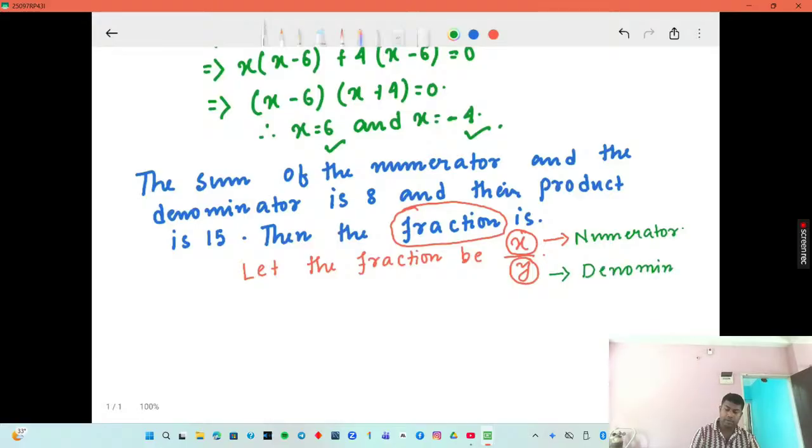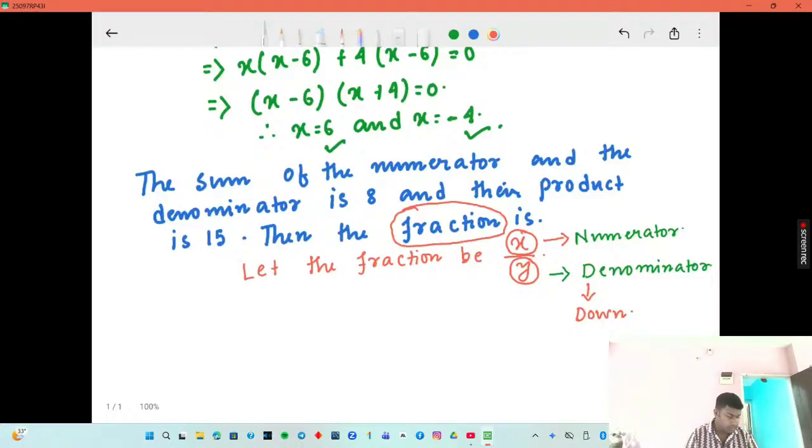How can you remember it? You can remember it by D means down. The lower part of a fraction is denominator. If you can remember what is denominator, then you can definitely remember the remaining part is numerator, the upper part of the fraction.